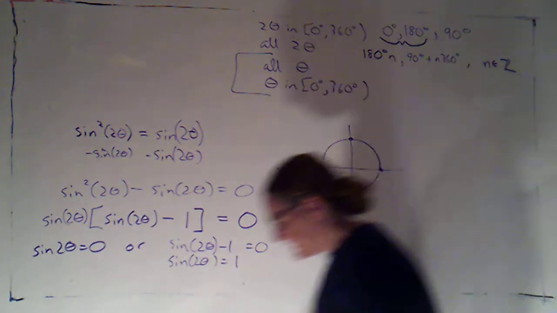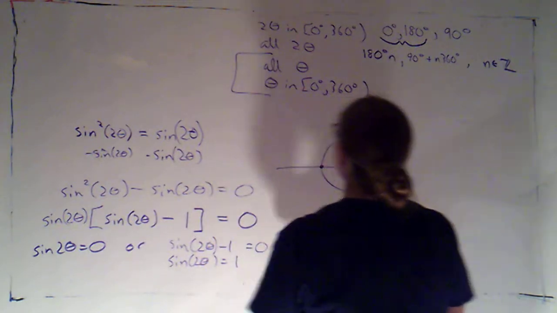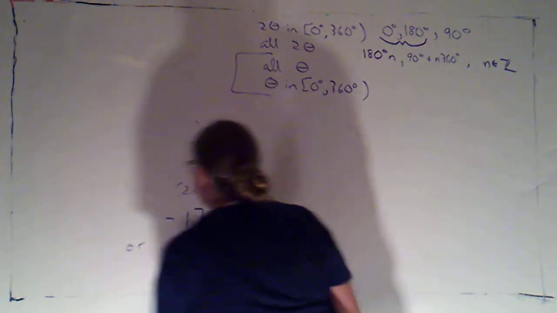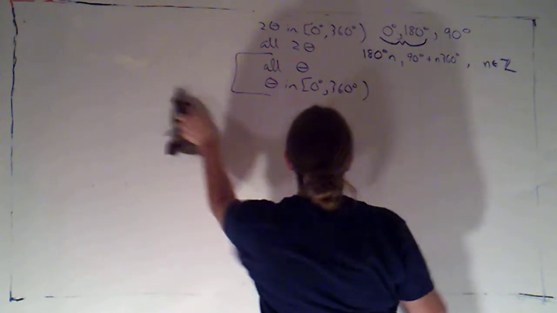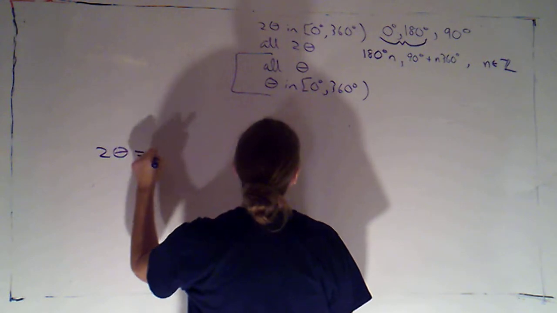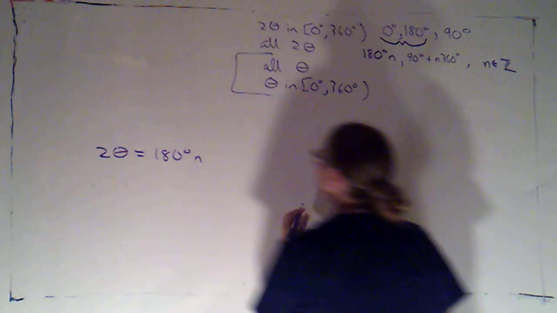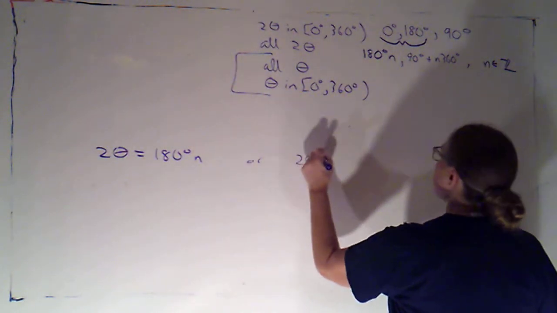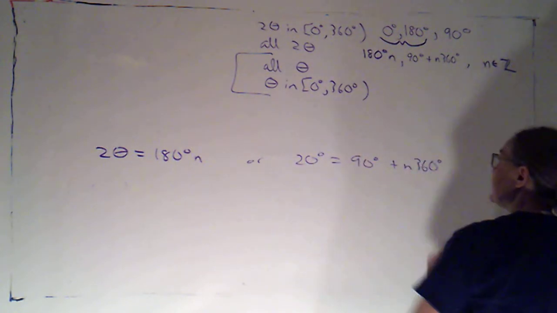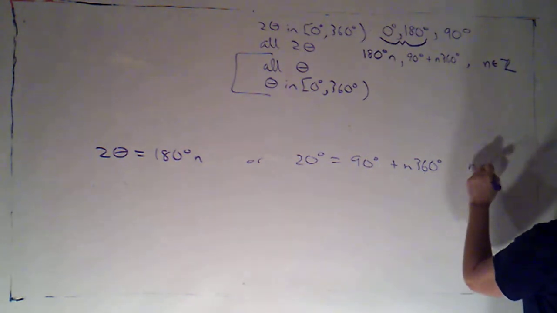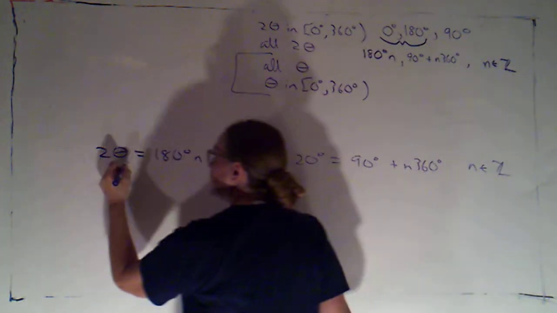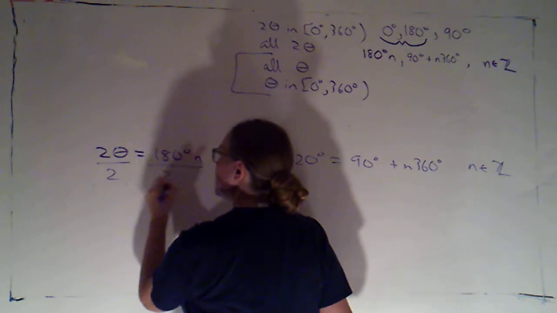Okay, excellent. So we have solved for our 2 theta. Now we're ready to solve for theta. I find it helpful to just write these out as solutions. So I've got 2 theta is 180 degrees times n, or 2 theta is 90 degrees plus n times 360 degrees, where of course n is an integer. So to solve for theta, I'm going to divide both sides by 2.